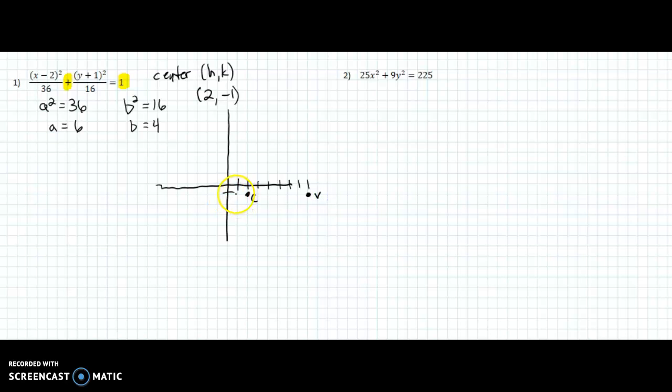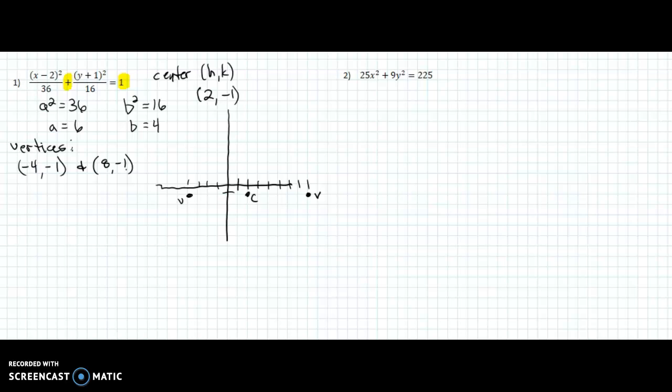And there's another vertex, 1, 2, 3, 4, 5, 6 over here. So my vertices are (-4, -1) and then (8, -1).